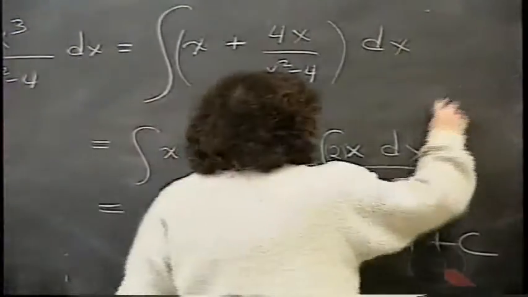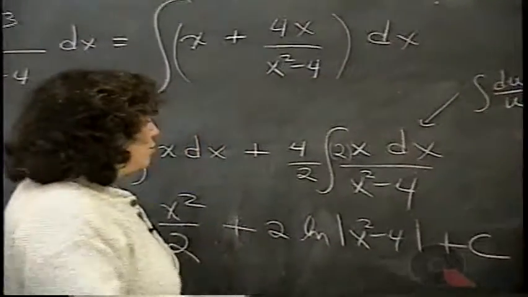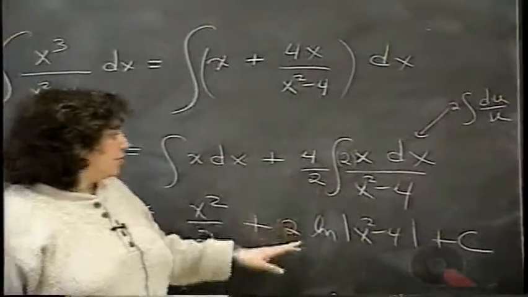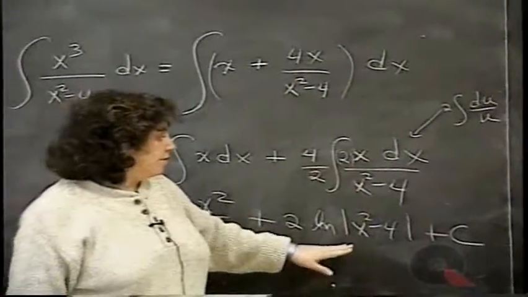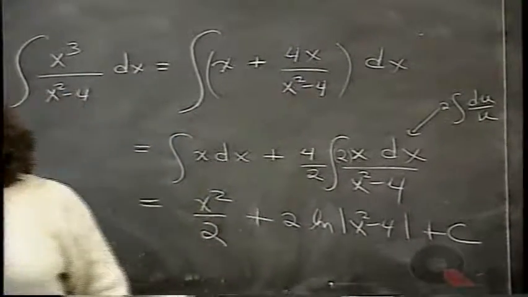Remember, this integral is now du over u. So it's 2 times the integral of du over u, 2 times ln of the absolute value of u plus c, or 2 times ln of the absolute value of x squared minus 4 plus c.